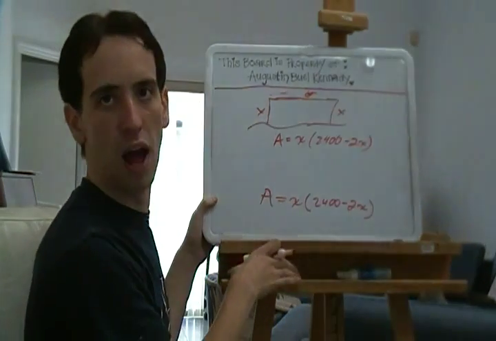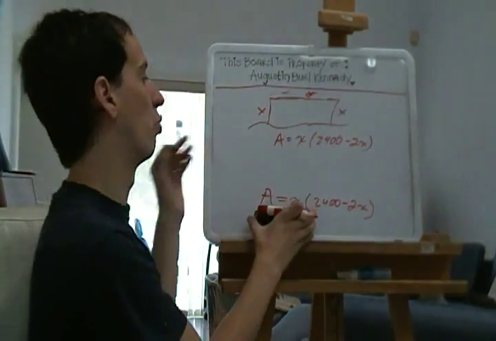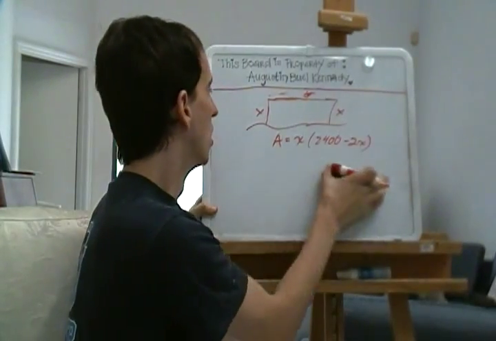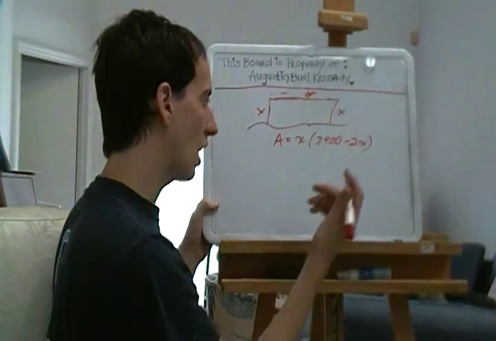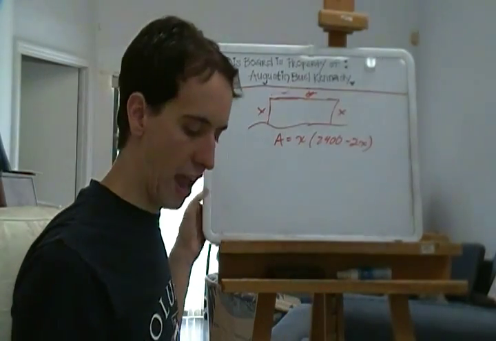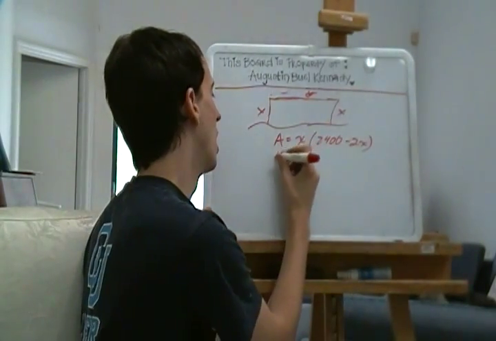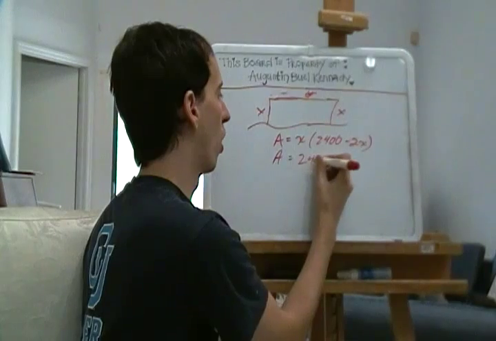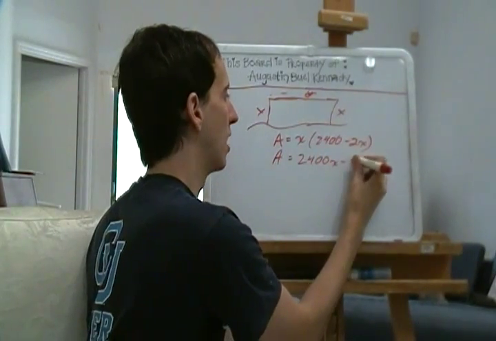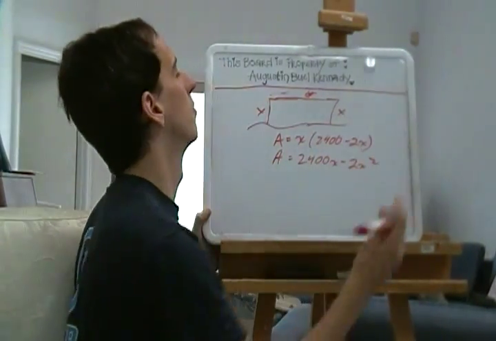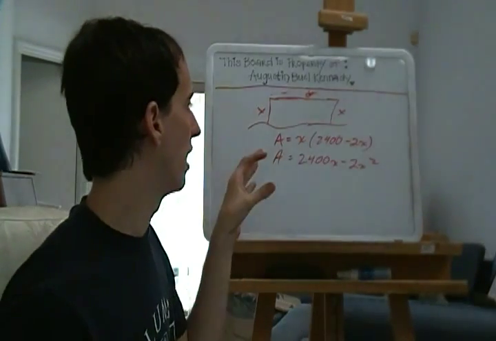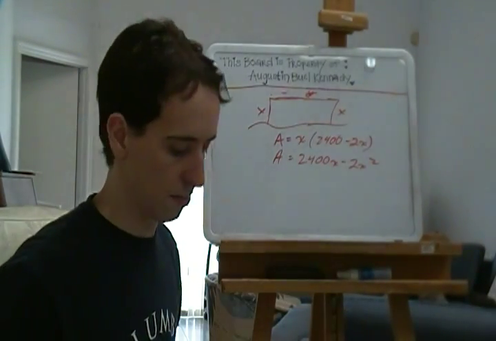It's the same as xy, we just have an explicit version of y here, in terms of x. So let's go ahead and multiply through. A equals 2400x minus 2x squared. We've got the area. That's the area.